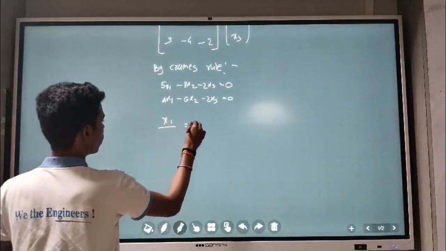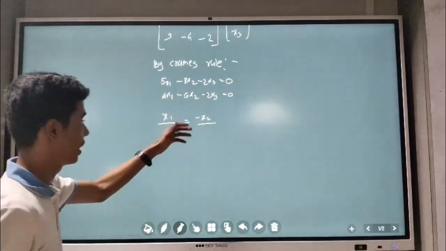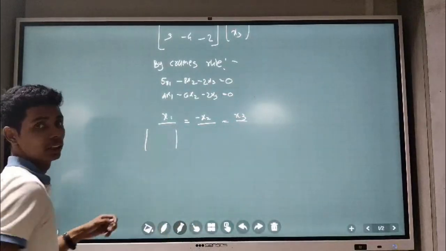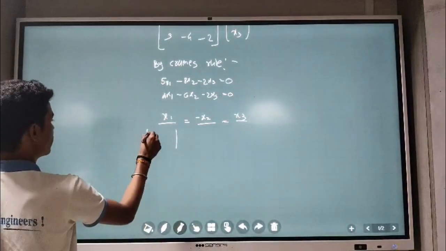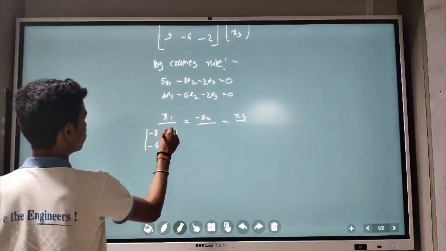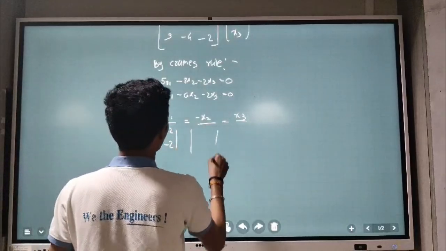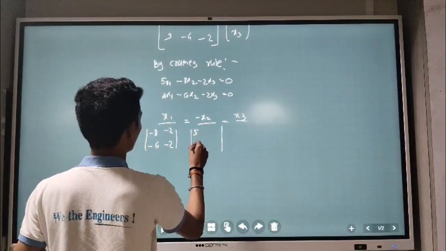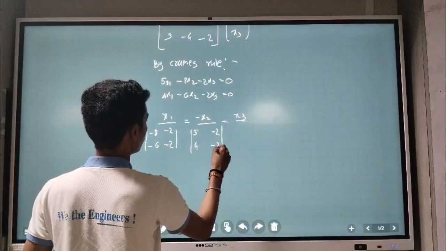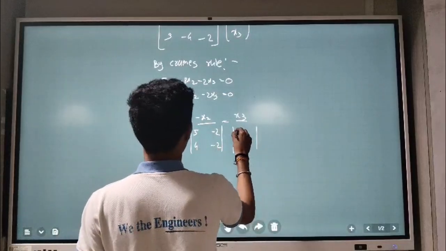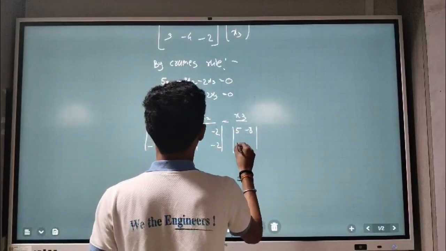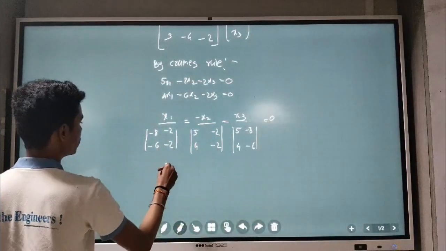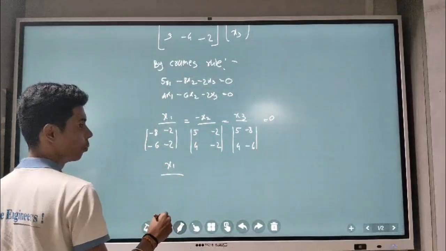For x1 we put the values minus 8, minus 6, minus 2, minus 2. Then for x2 we put the values 5, 4, minus 2, minus 2. And for x3 we put the values 5, 4. Then we solve this equation.